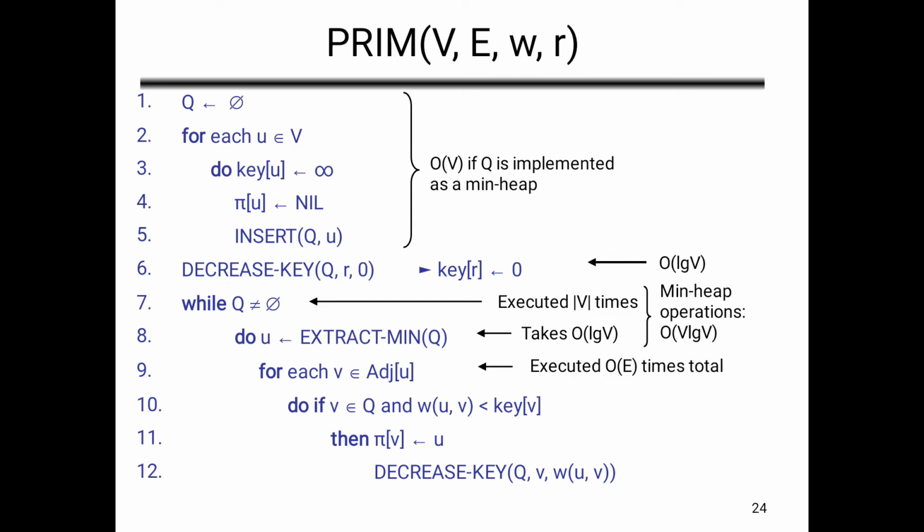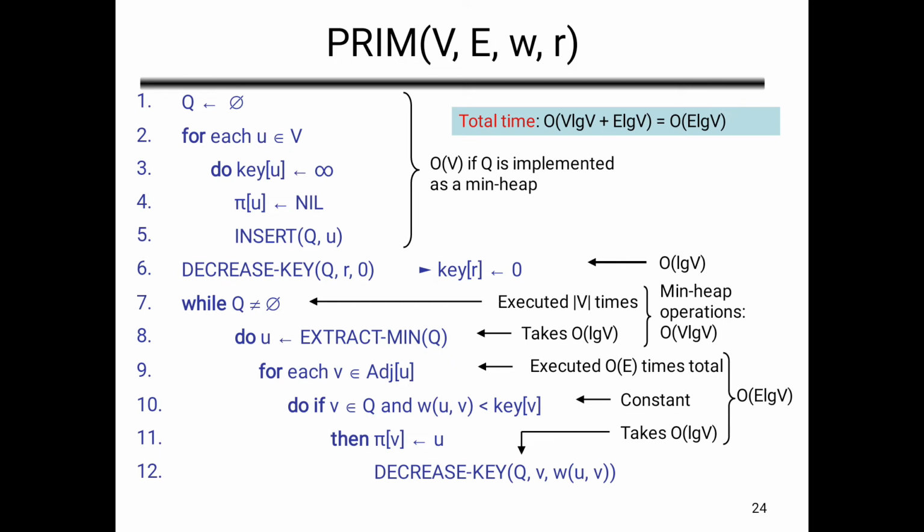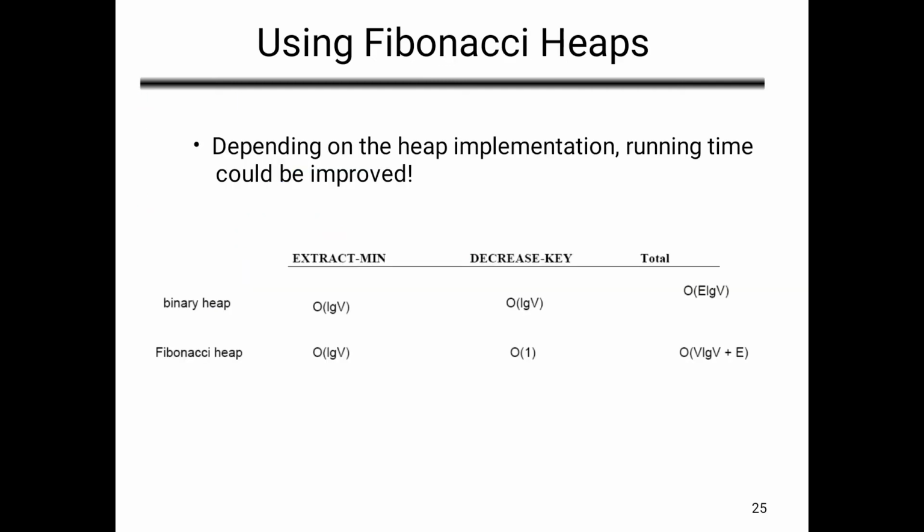And executed order of E times in total, that means we have to cover all the edges which are having the minimum cost. And here the if loop, the 10th line is constant, and in the 12th line Q is taken to order of V, and totally the time complexity is order of E log V. That means the total time is order of V log V plus E log V, that is order of E log V. That is binary heap and this is Fibonacci heap.